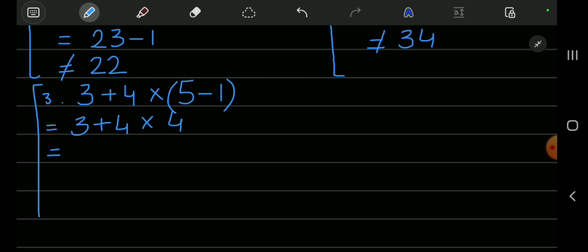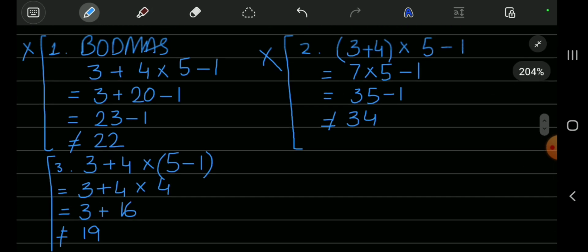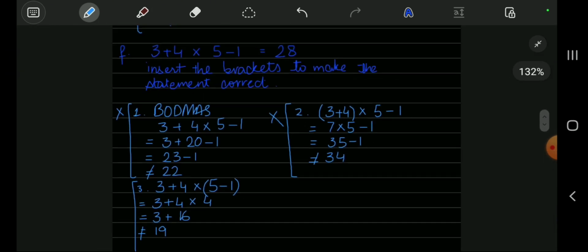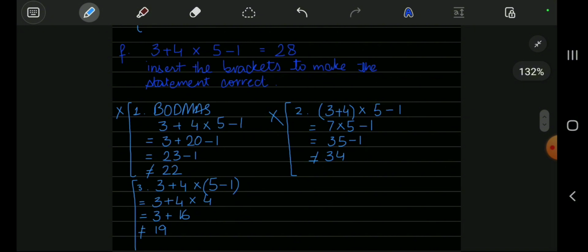Then you will multiply first. 4 times 4 is 16 plus 3. So this is going to be 19. See, we put the brackets at multiple places and still we are not getting the correct answer. Why? See, insert the brackets. So they may ask you to put multiple brackets to find the answer.